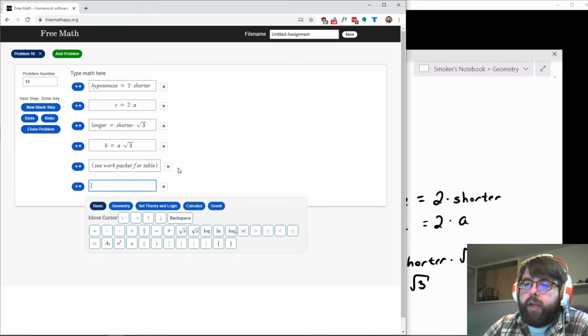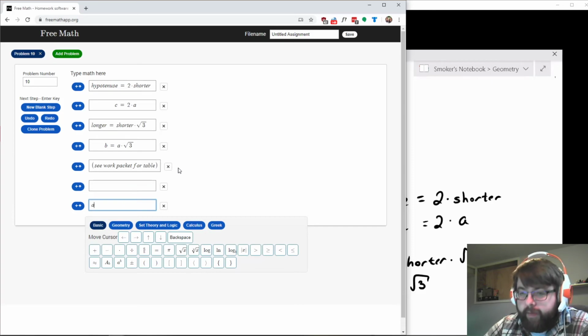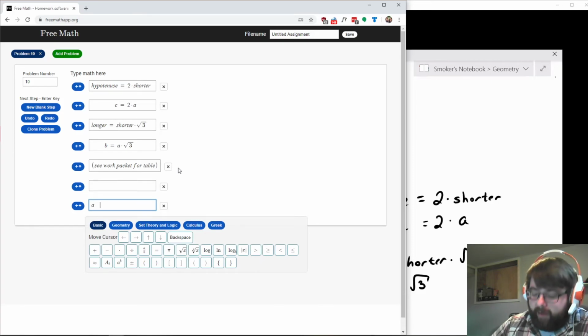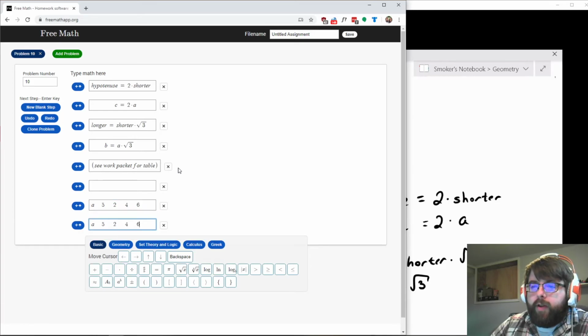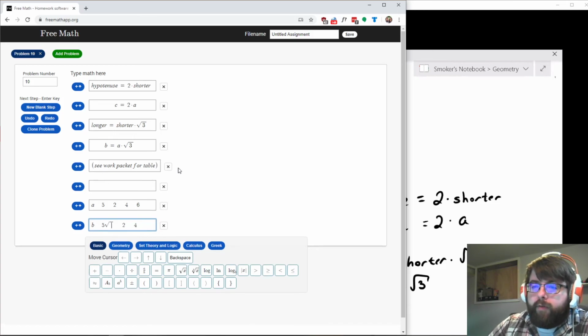However, if you really want to try and put this in here, you could do A, put some spaces, 5, put some spaces, 2, put some spaces, 4, put some spaces, 6, and then whatever the next number is, and then come down here and just replace these numbers. So for B, you're going to want to space it out well though. So 5 square root of 3.